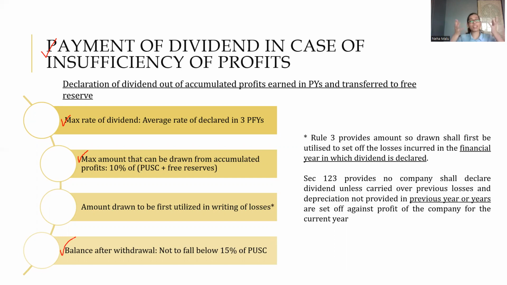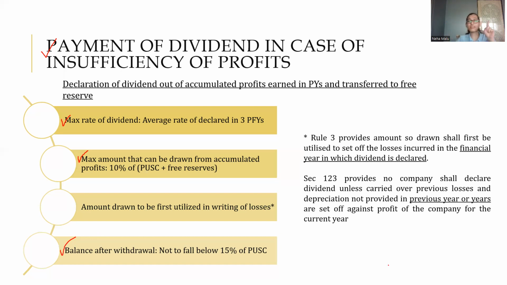Also, once the funds have been withdrawn, they are to be first utilized in writing off the losses. Now here there is a catch. When we read the provision written in the rules, it is said that the amount so drawn shall first be utilized in setting off the losses incurred in the financial year in which the dividend is declared.